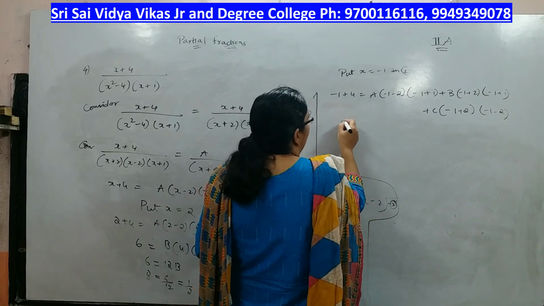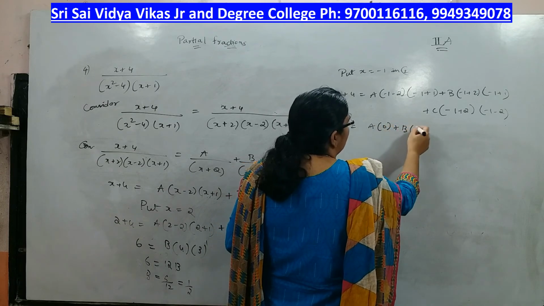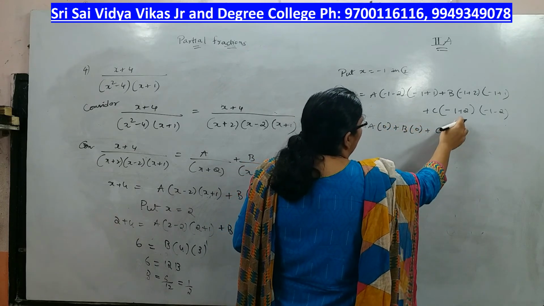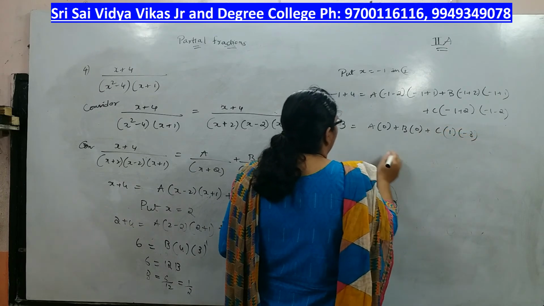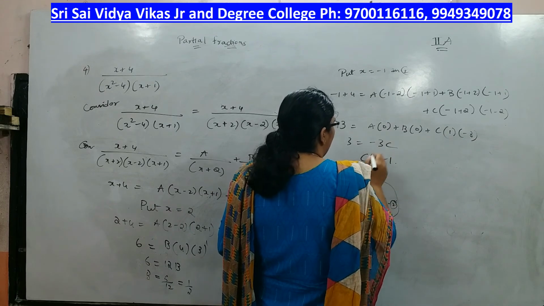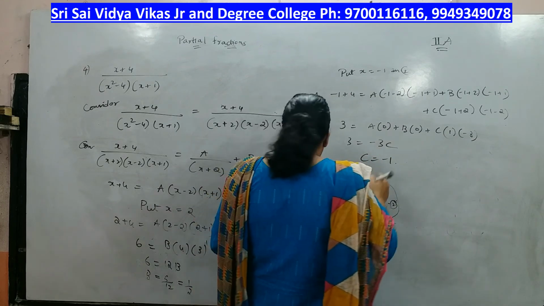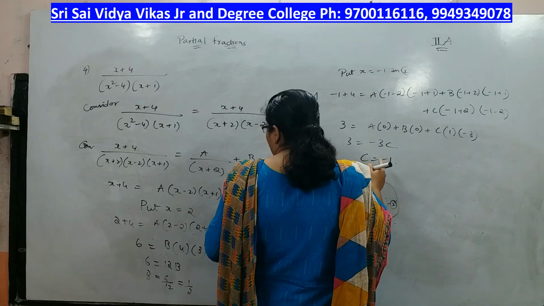Minus 1 plus 4 is 3. This will become a into 0 plus b into 0 plus c into 1 into minus 3. This is what you get. 3 is equal to minus 3c. c is equal to minus 1. So you got c value as minus 1, b value is 1 by 2. We need to get a value.